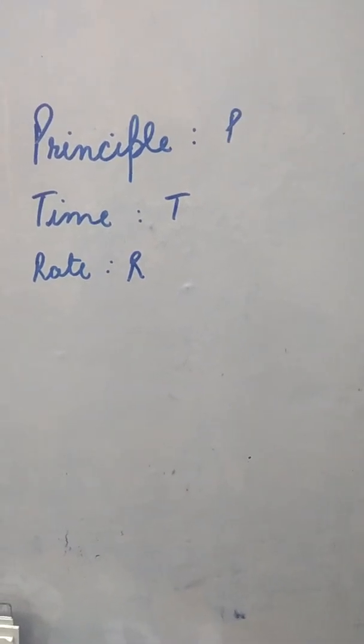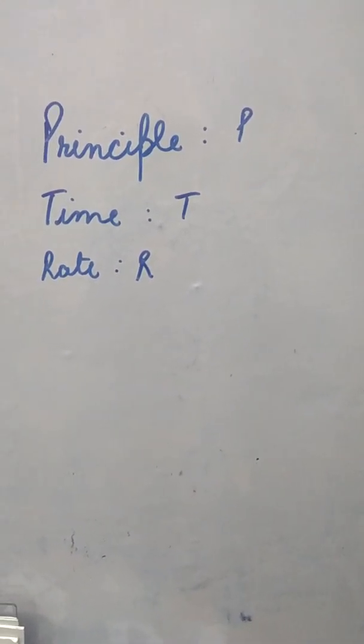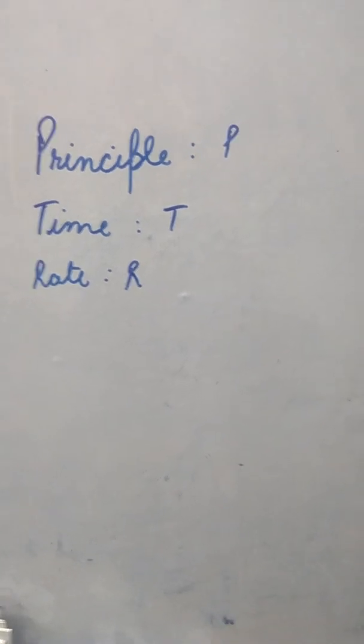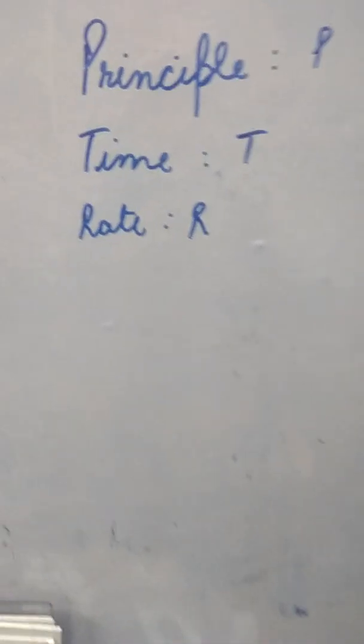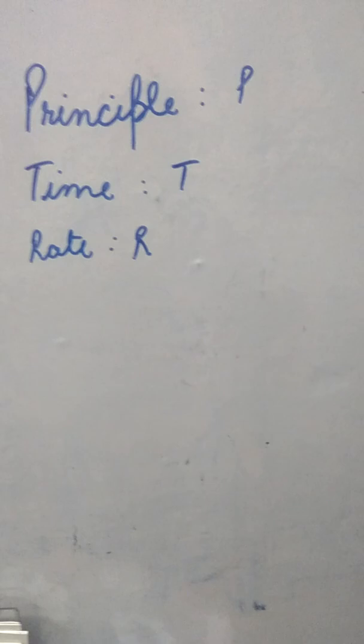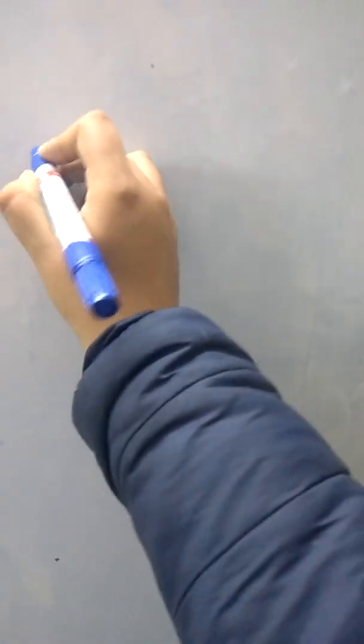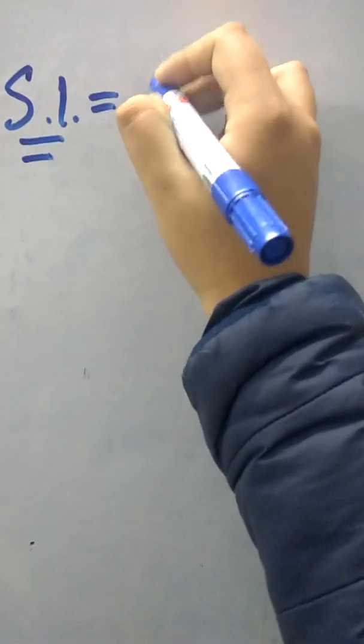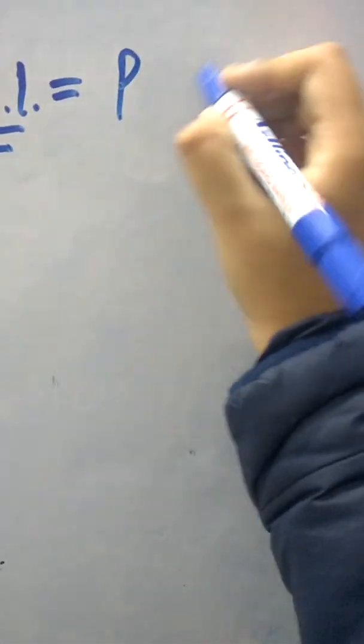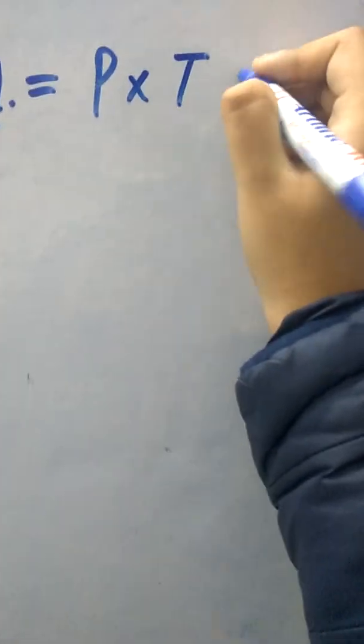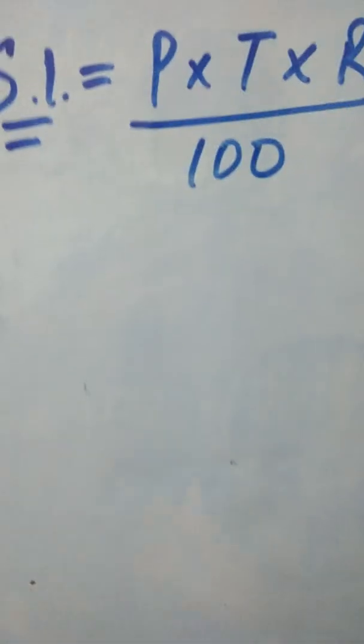So when we multiply all these three and divide the product by 100, we get the simple interest. So simple interest is as follows. It is SI equals, this is simple interest, P, that is principal, multiplied by T, time, into R, rate, divided by 100.